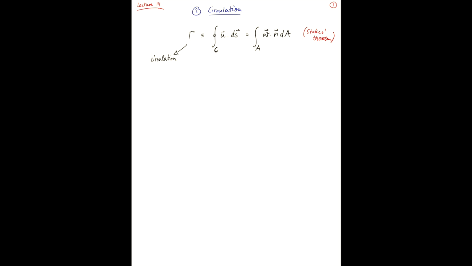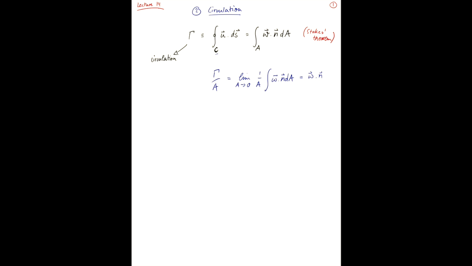And the circulation per unit area, gamma over A, if we consider the limit of a small area, limit of A going to 0, then the integral over omega dotted with the surface, and again the surface can be any surface that's bounded by this C, goes to simply omega dot n.